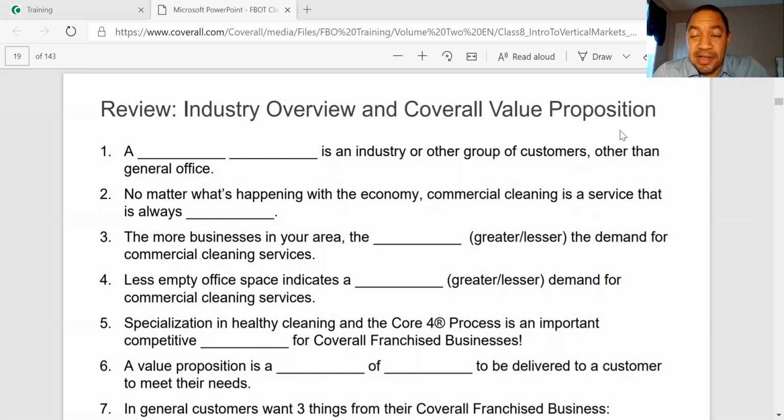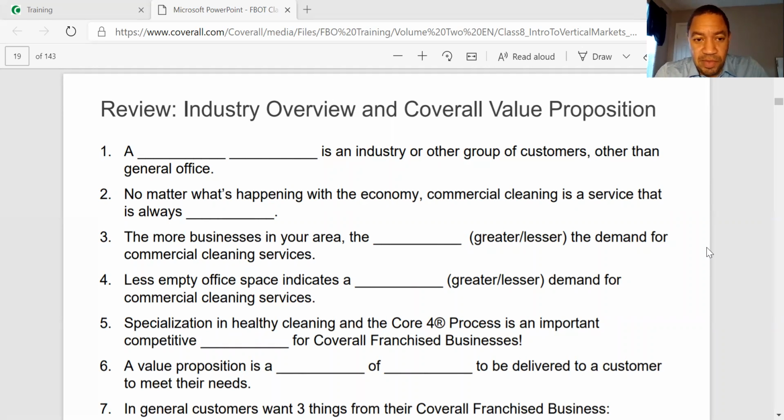People need commercial cleaning and sanitation. The trash guys got to come on Thursday, right? Regardless of what's happening, be it a blizzard outside, the trash guys got to come, right? The more business in your area, the greater the demand for commercial cleaning services. Less empty office space indicates a greater demand for commercial cleaning services as well.